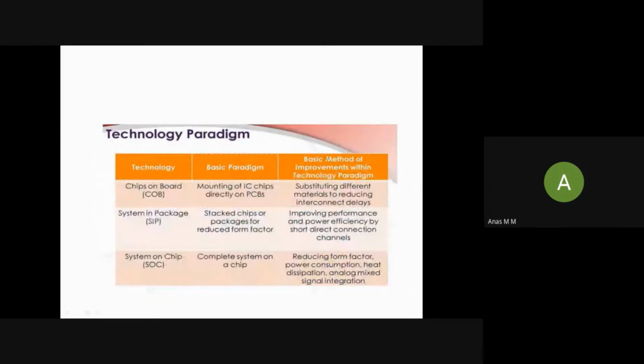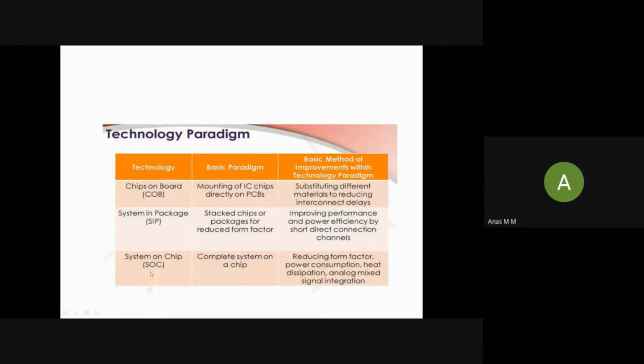The basic method of improvement within this technology paradigm is substituting different materials to reduce the interconnect delays. System in package uses stacked chips or packages for reduced form factor, improving performance and power efficiency by short direct connection channels. This is another technology.